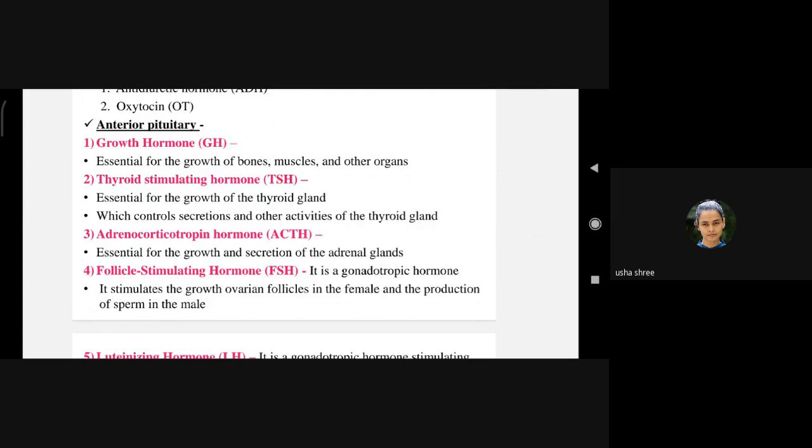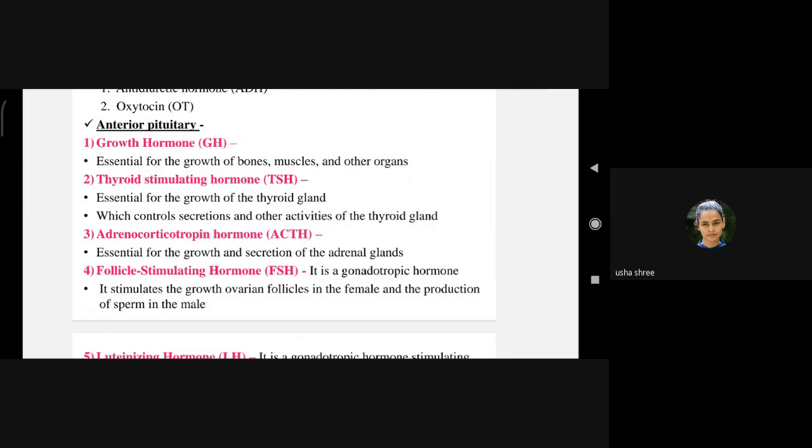Okay, so here comes a question. Which hormone of the pituitary gland does not have a particular target site? All other hormones have a particular target site, but growth hormone does not.